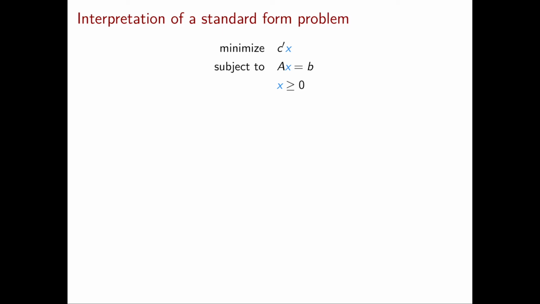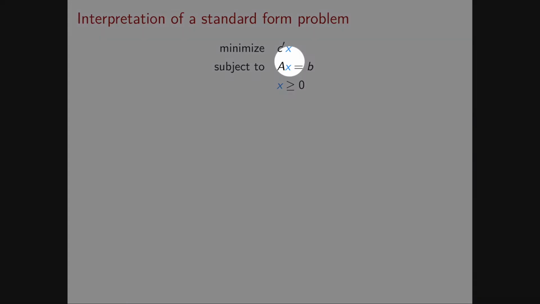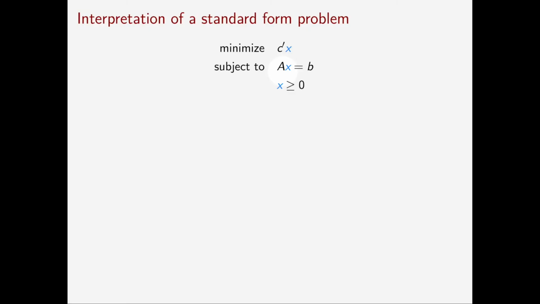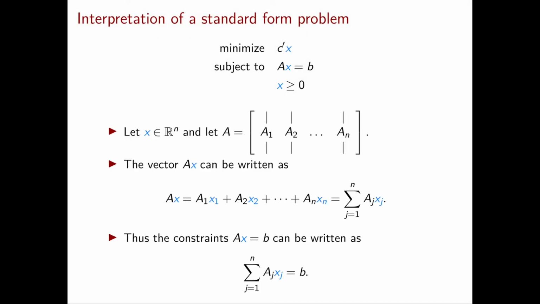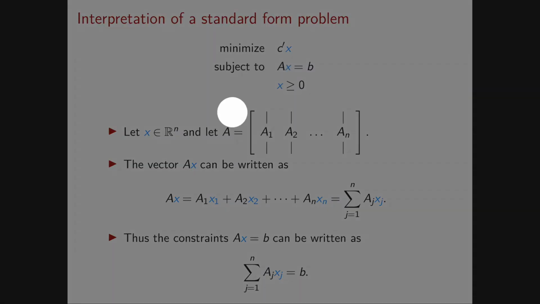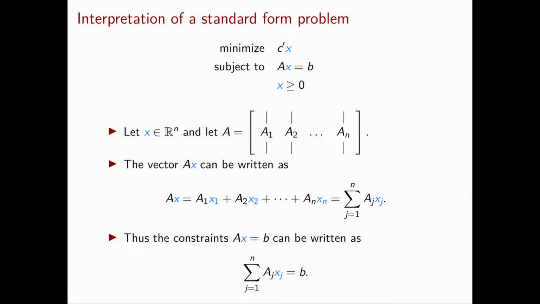This interpretation is essentially achieved by breaking down, in the formulation of a standard form problem, the vector x into its different components. In order to do so, we want to give a name to the columns of the matrix A. So we're going to call the first column A1, the second A2, until the last one, which is An.